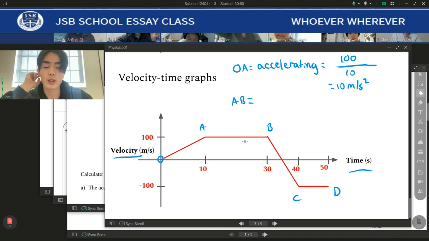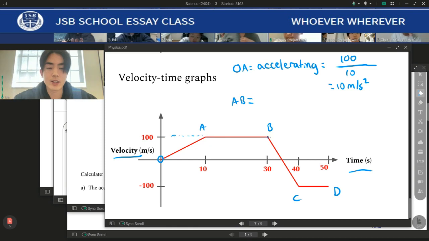How do we know it's moving? Because the time is flowing in here, and the velocity is 100, going on. Good. So even if it's flat, the car is moving.